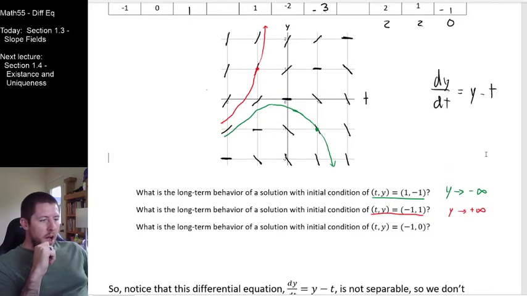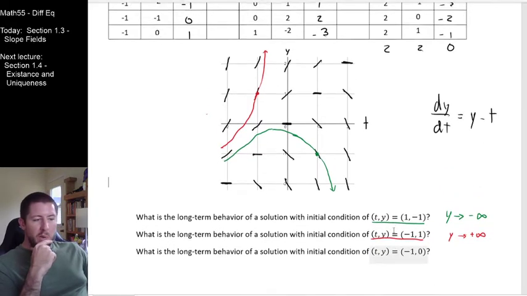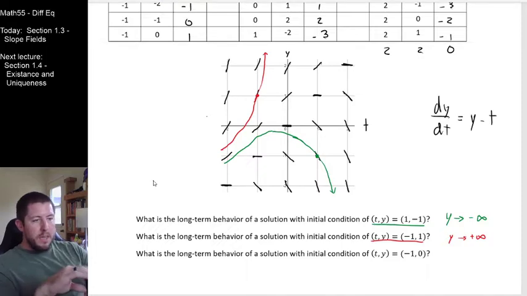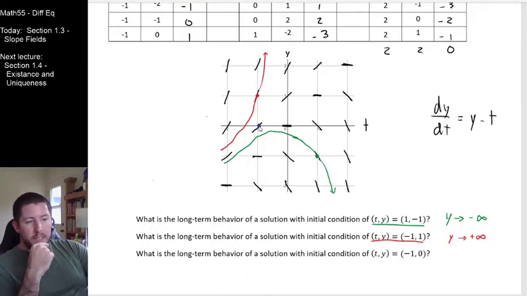Right? But if I ask this one now, what's the long-term behavior of a solution with an initial condition negative 1, 0? Well, what does it look like is actually happening with this guy here? Let me change my color one more time. It looks to me like if we were to start at negative 1, 0, this says to me that my slope should be positive 1. And I don't really see any reason why it should ever differ from that.